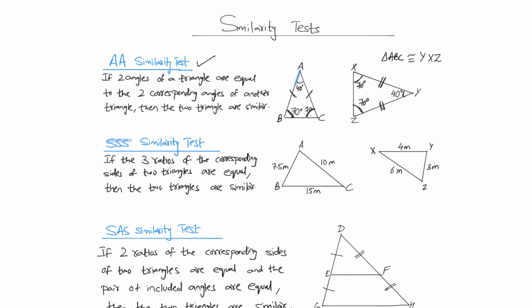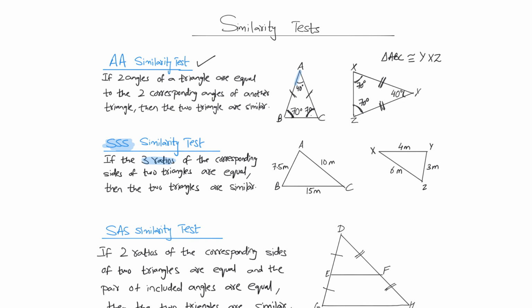side-side-side test, which means that if the three ratios of the corresponding sides of the two triangles are equal, then the two triangles are similar. If you are able to show that all three ratios of the corresponding sides are the same, then the two triangles must be similar.